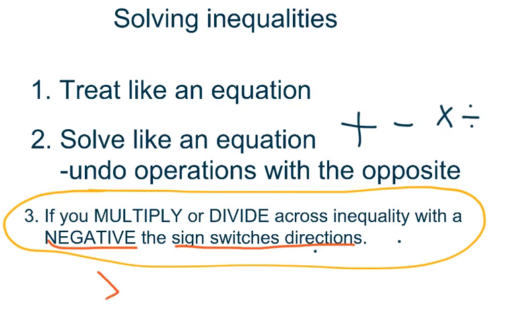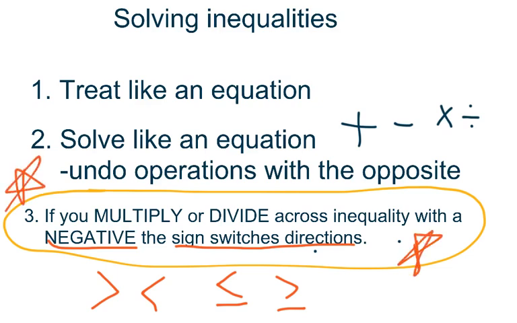So what was once greater than is now less than. What was once less than or equal to, if you divide by -3, is now greater than or equal to. You just flip the sign. This is the big thing you have to remember. If you multiply or divide across the inequality with a negative, the sign switches directions. It's going to face the other way.